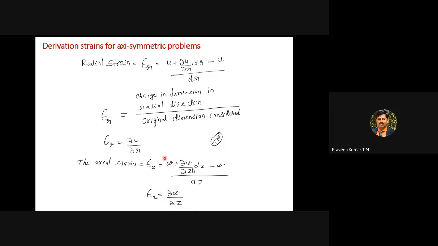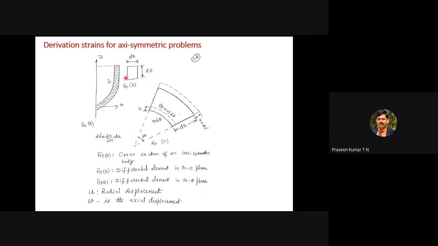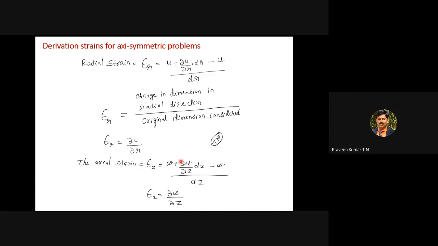The change in dimension is the deformation about the top minus the deformation about the bottom point. Imagine the deformation about the bottom point is W. You are considering a small strip. The deformation about the top point is W plus del W by del Z into dz. So this is the deformation at the top point minus the deformation at the bottom point.